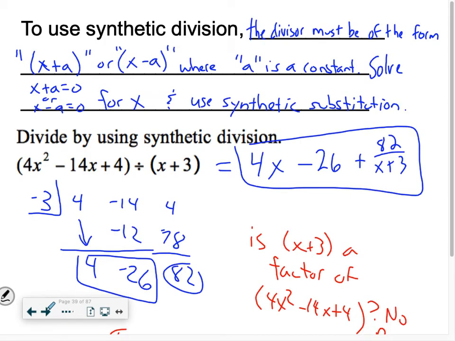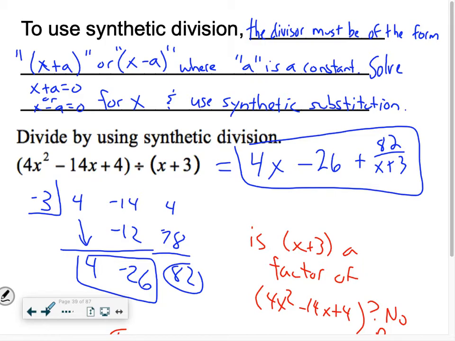Synthetic division is a much shorter method than long division, but it only works in certain cases. The divisor must be of the form x plus some number a or x minus some number a, where a is just some constant or number.